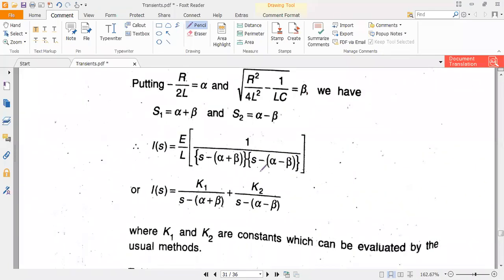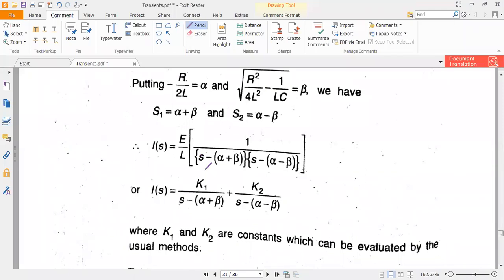Okay, so why we have divided like this is because what we have to find is I of t, the response in the time domain, or the response with respect to the time. So for that you have to apply the inverse Laplace transformation.